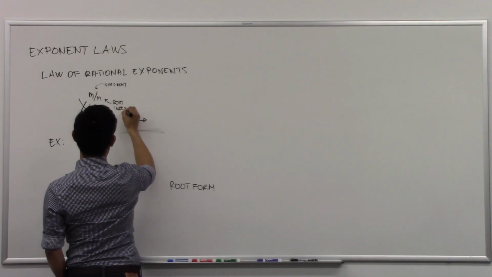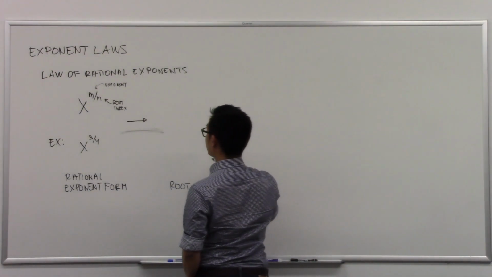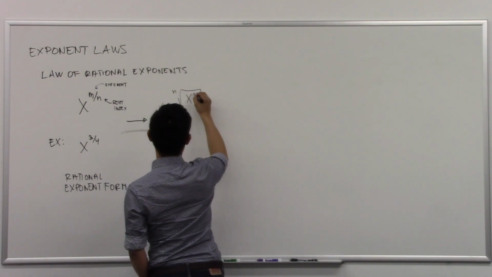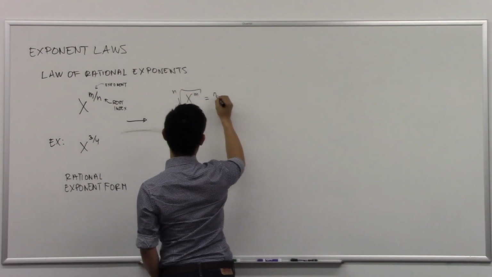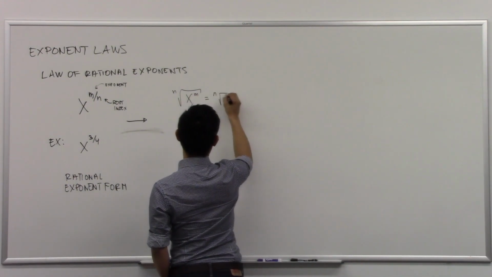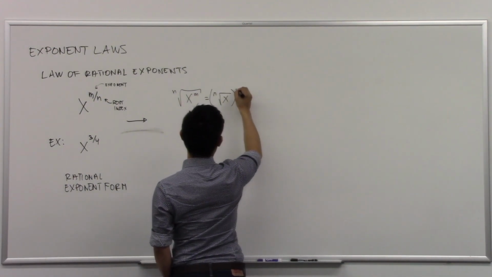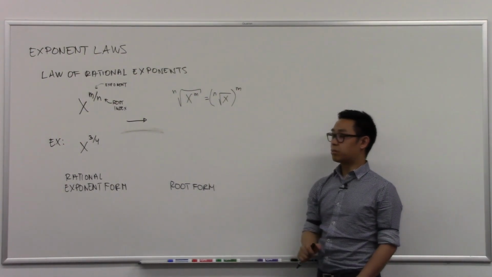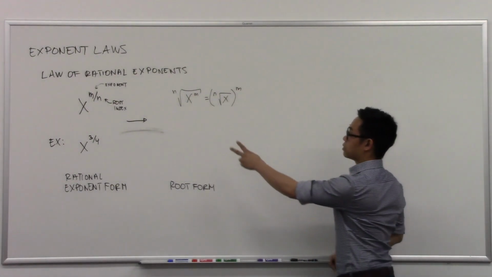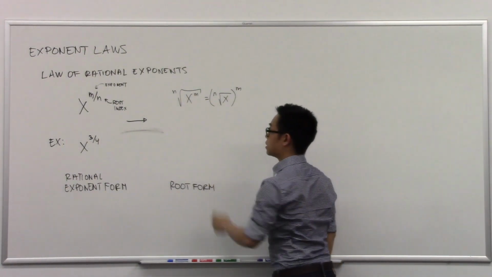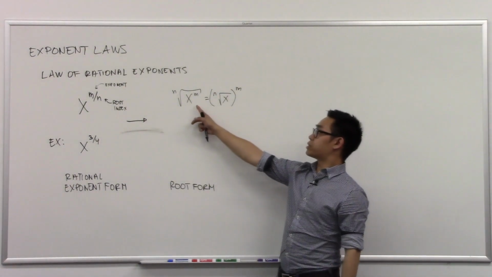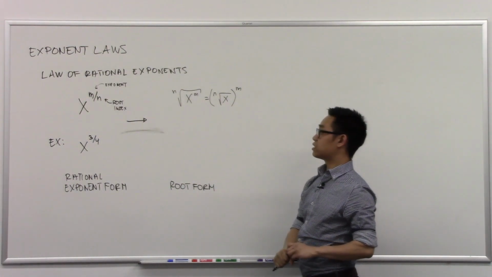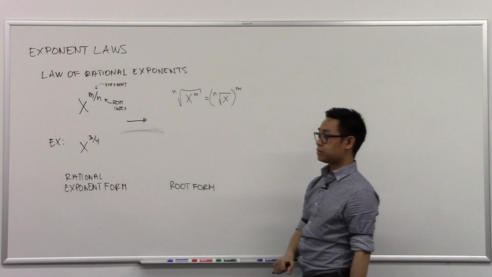So that's the number on the outside of the root. So this would be the nth root of x to the m, or the nth root of x, to the m. Both are okay. Normally we use this one, but sometimes this is given.